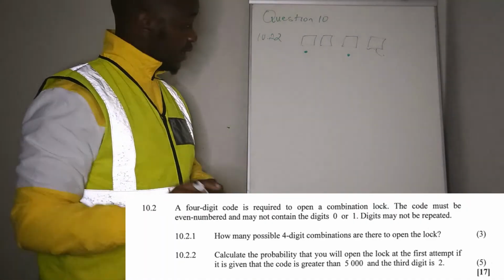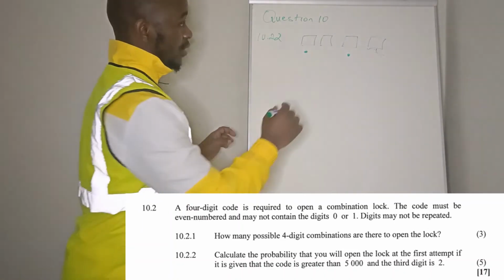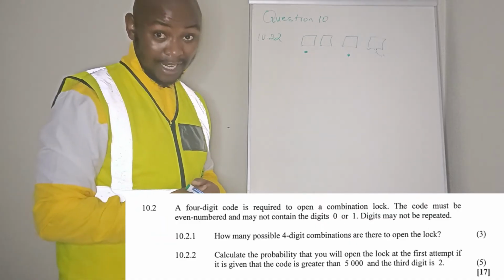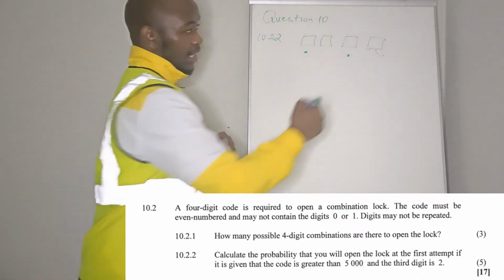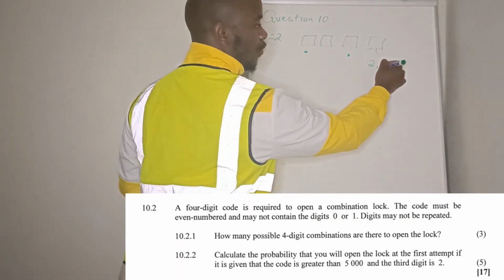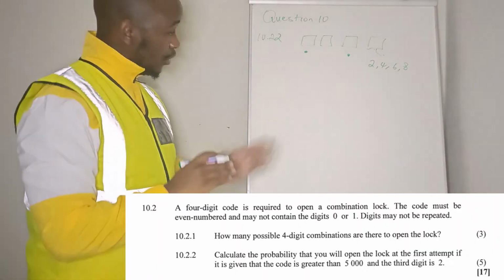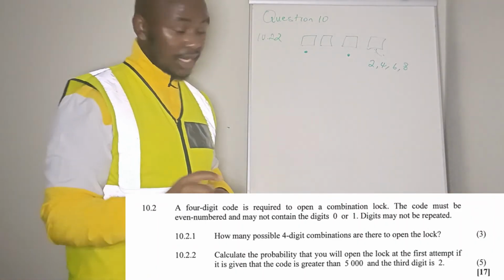We still need to make sure that this number is even. If it is an even number, it can only end in 2, 4, 6, or 8. We cannot select anything in between because it would make it an odd number.